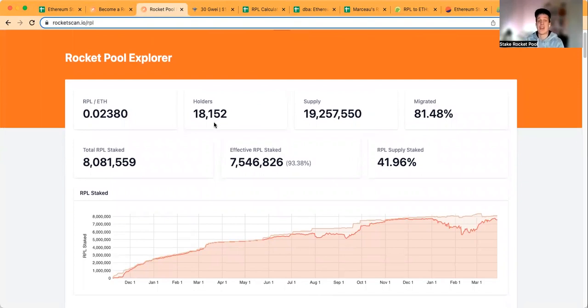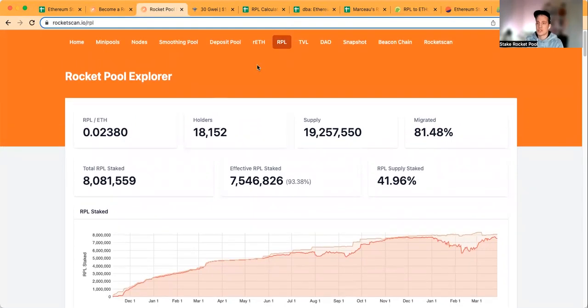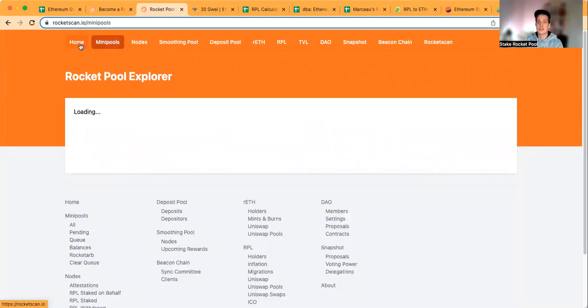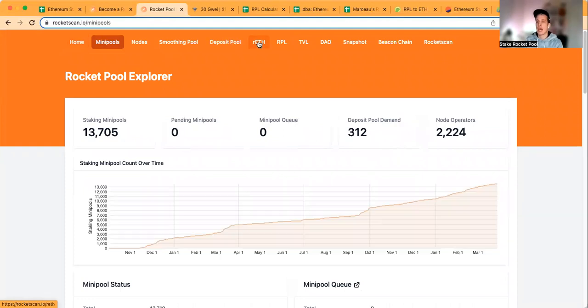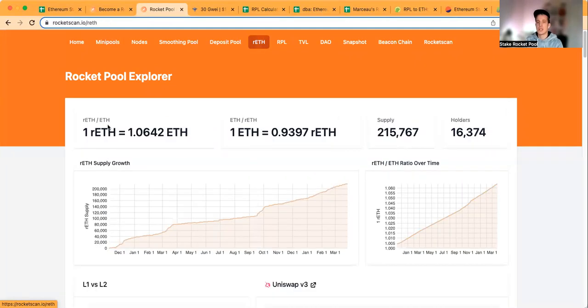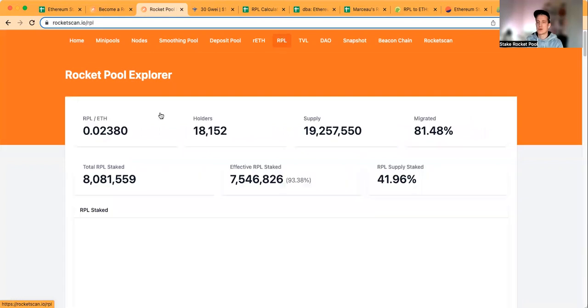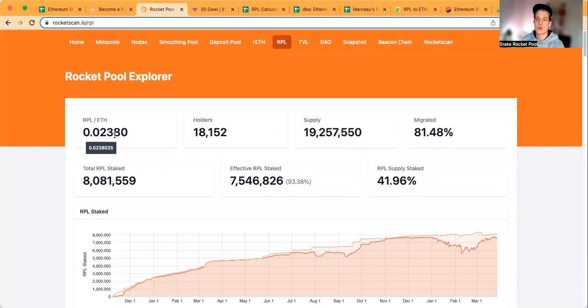Actually, there are now 18,000 hodlers, or hopefully all diamond hands of RPL. And you can see all different types of interesting facts and insights about the Rocket Pool community. A big one that I use regularly would be the RETH to ETH Oracle price, as well as the RPL to ETH price. That's quite important.